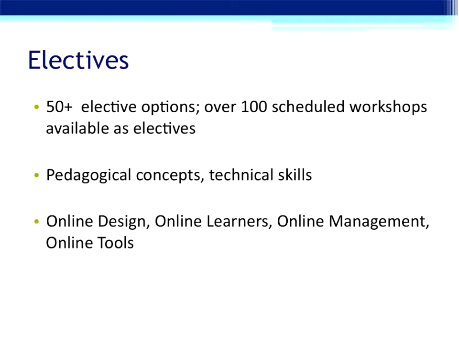And you can choose from those to make up your 3 electives. Over the course of 2013, these electives make up over 100 scheduled workshops available for you, so that if you have a particular topic that you're interested in, it's offered more than once during the year. So again, it can help meet your demanding schedules.